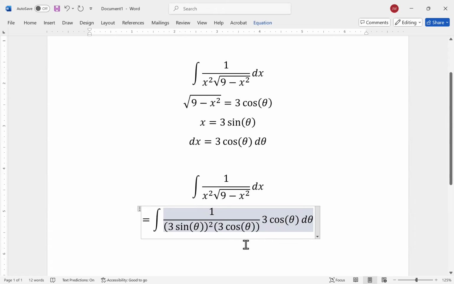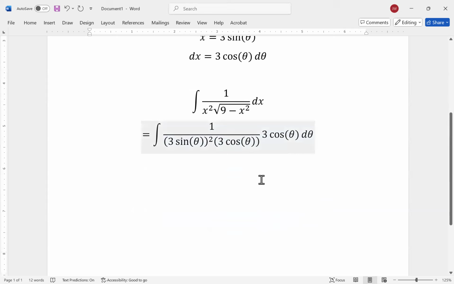Now, there's a lot of stuff going on, but one of the key things you should see is that the 3 cosine theta in the denominator and the 3 cosine theta in the numerator, this one and this one, can cancel each other out.